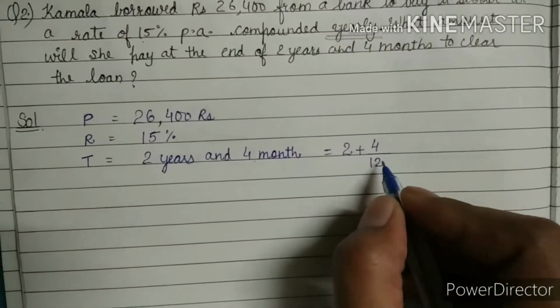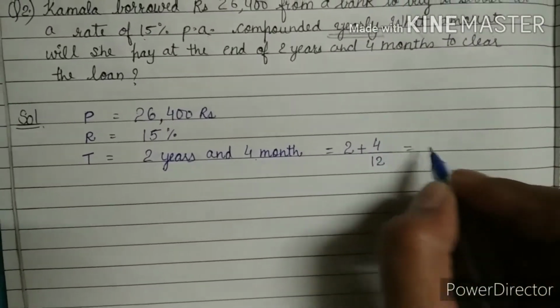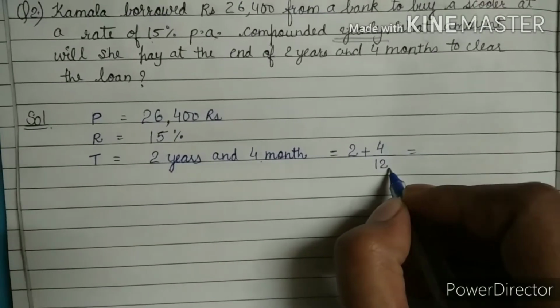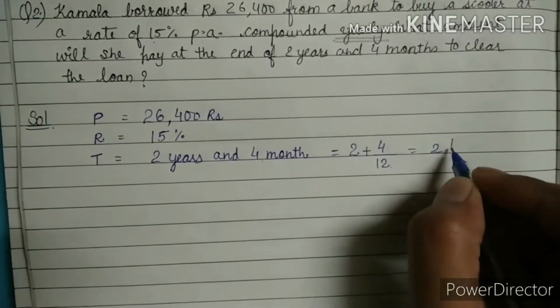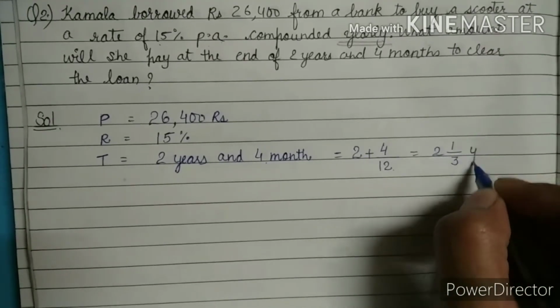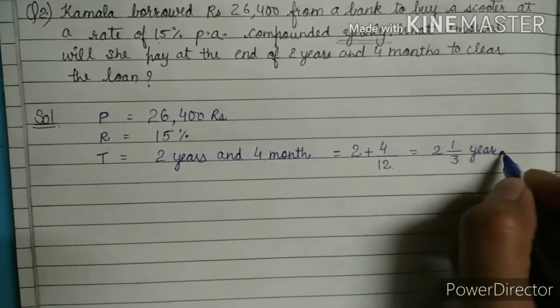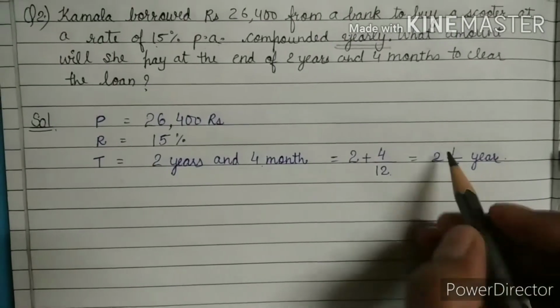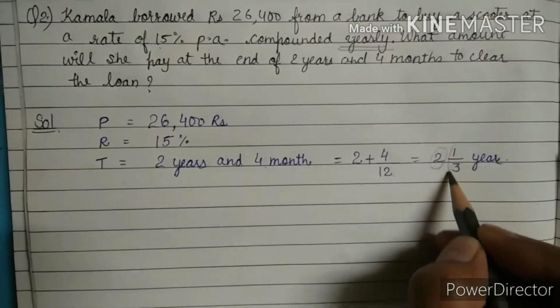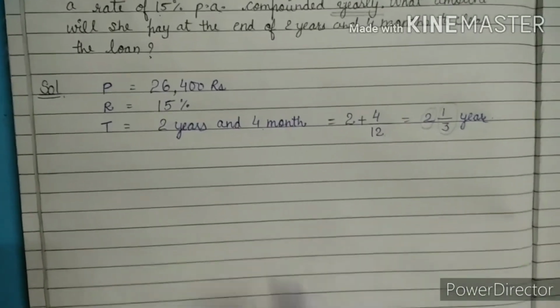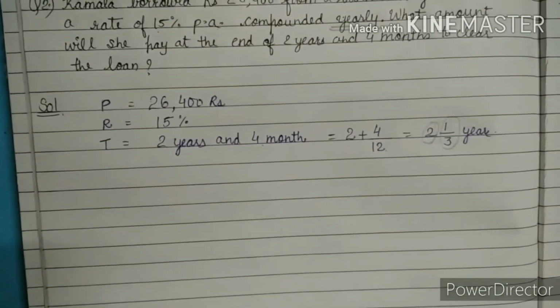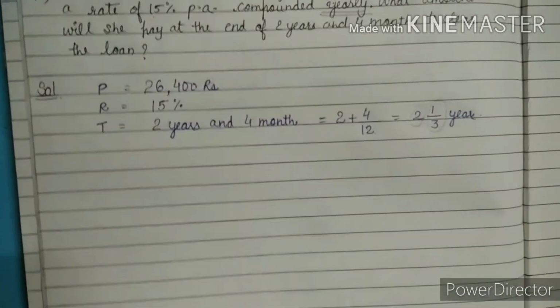So when we reduce 4 and 12, they will give 1/3. So our time will become 2 1/3 years. As you can see, here is our whole part and 1/3 our fractional part. So now we can easily find the amount that Kamla has to return to the bank.